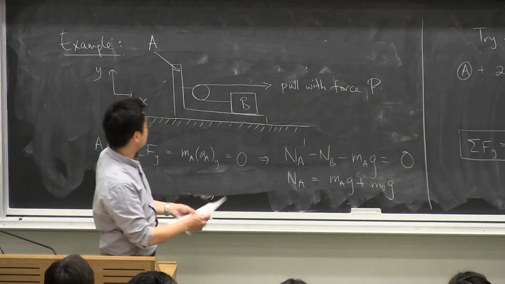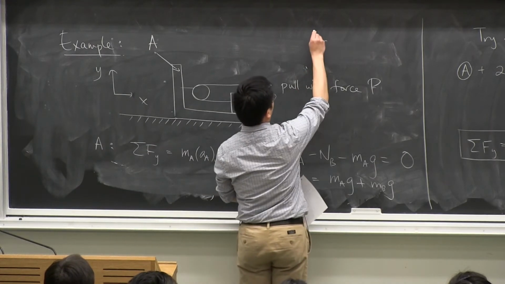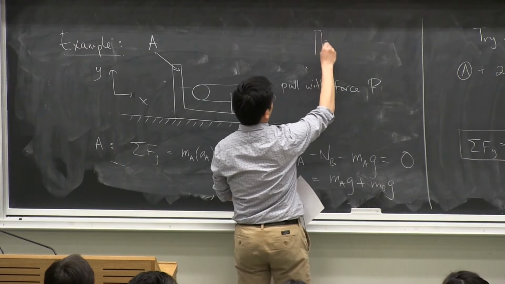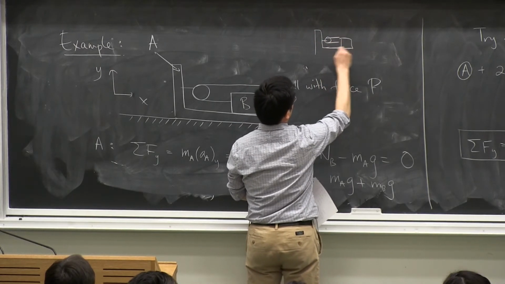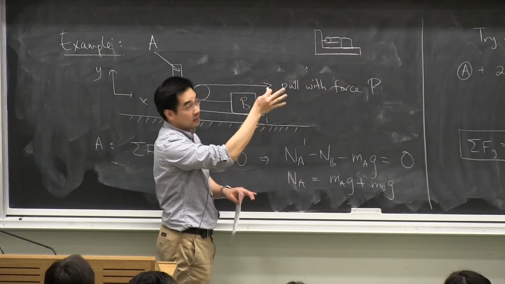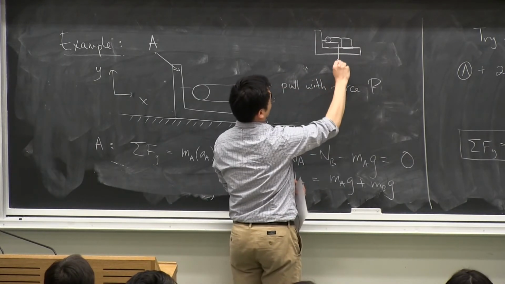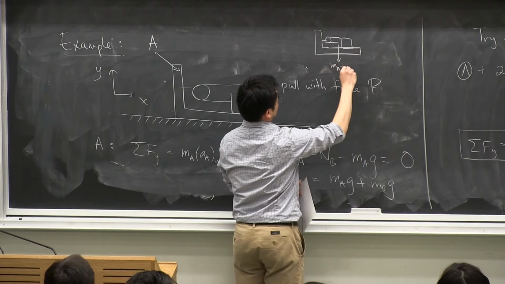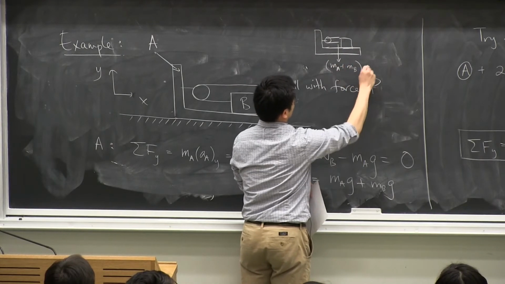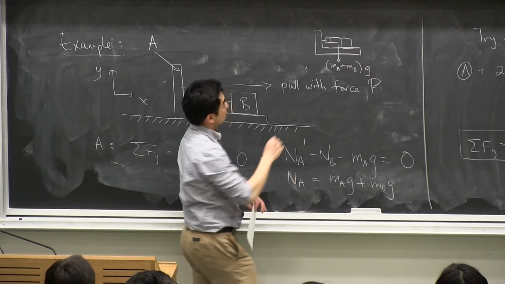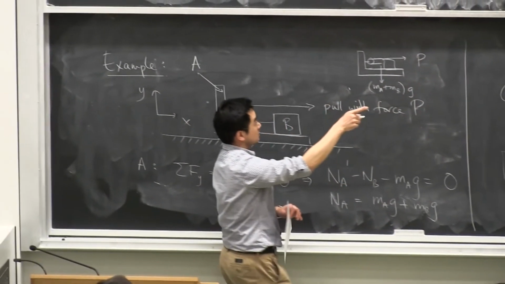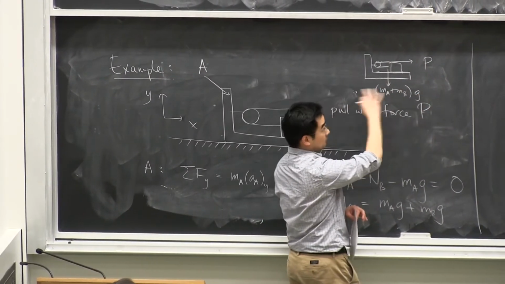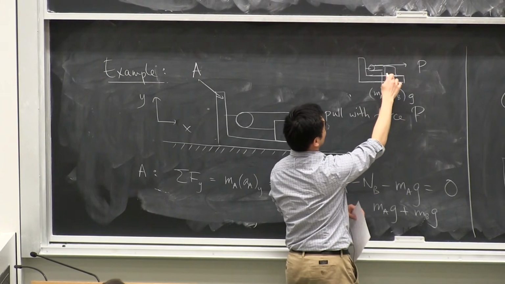So if you did that, here's what would happen. You would have a total mass. I'll even draw it for you. Here's my entire free body. It would look like this: MA plus MBG downward. You'll have a single P to the right. You'll have no friction on the bottom, those are internal.